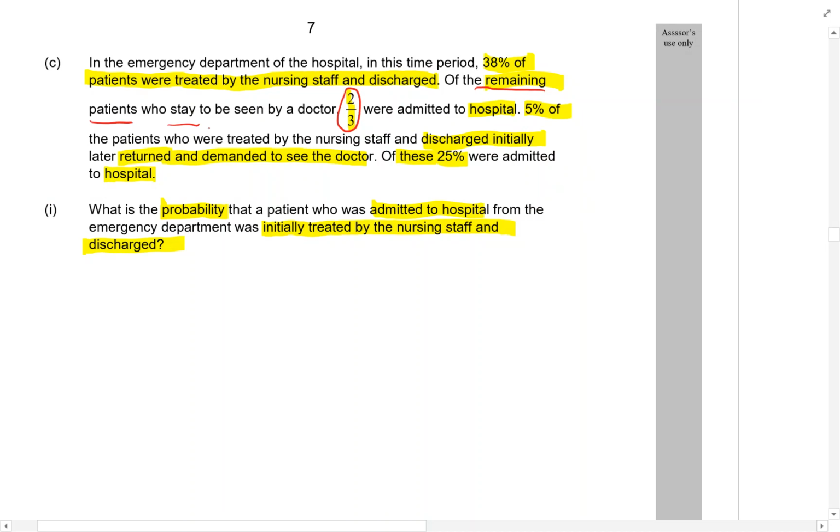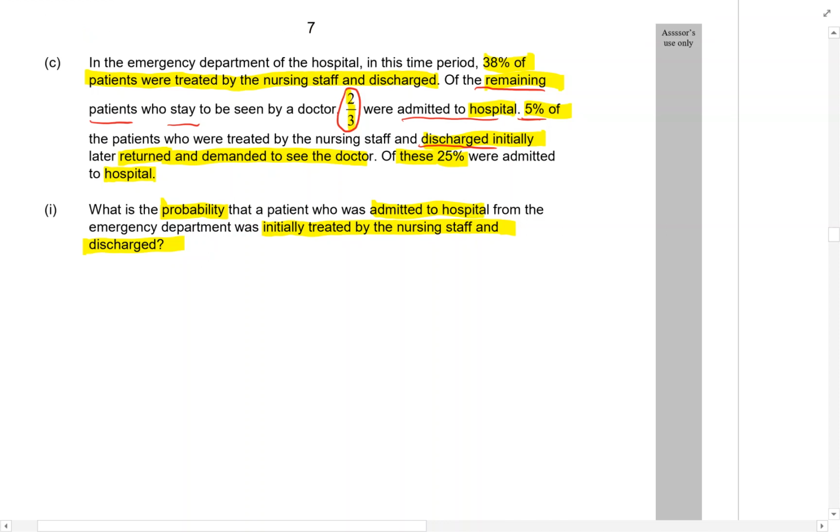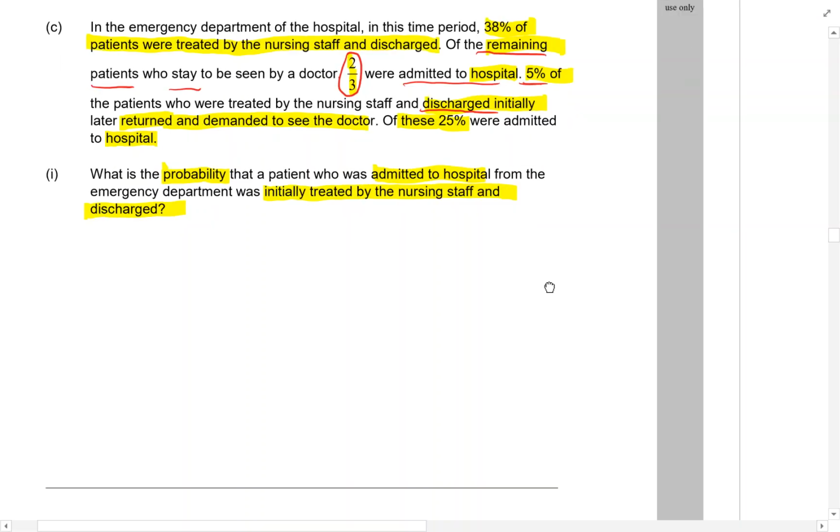So it's only out of a subgroup, the remaining patients. Because there's numbers in this question that are out of subgroups, not out of the whole thing, we need to use a tree diagram. Okay? And that's always going to be the case. Anything that's out of a subgroup, think tree diagram.